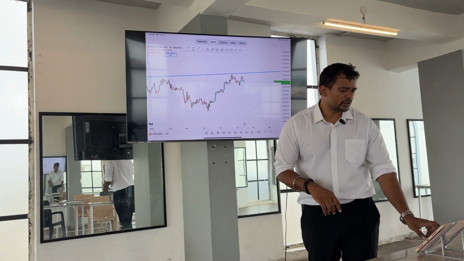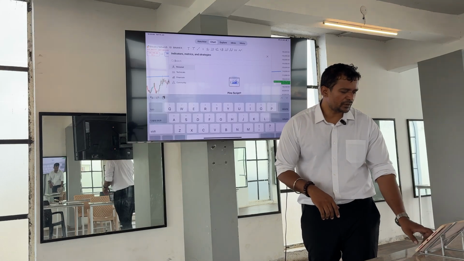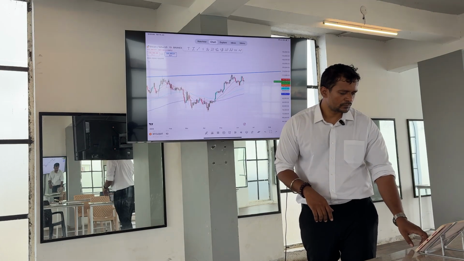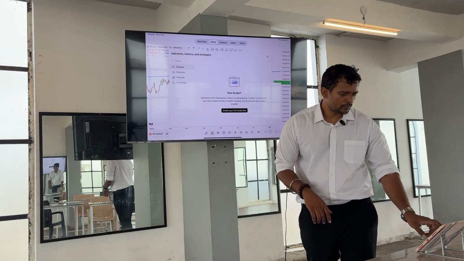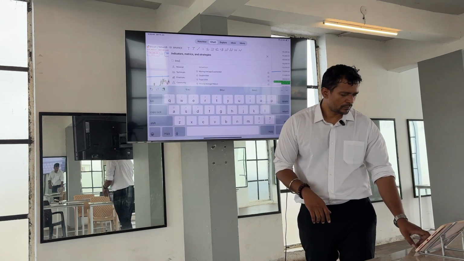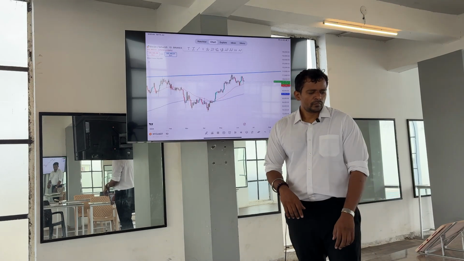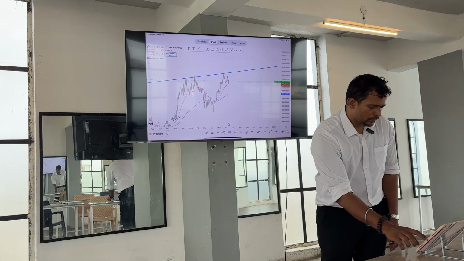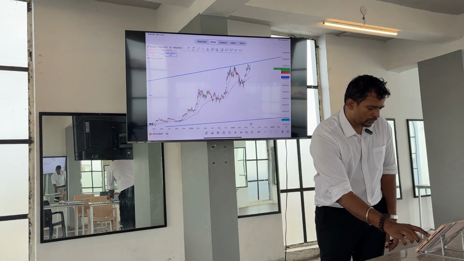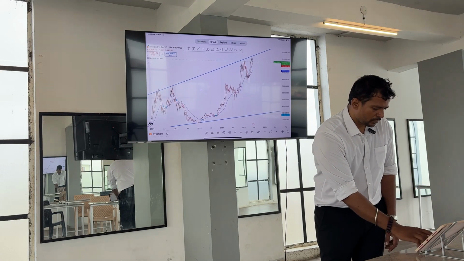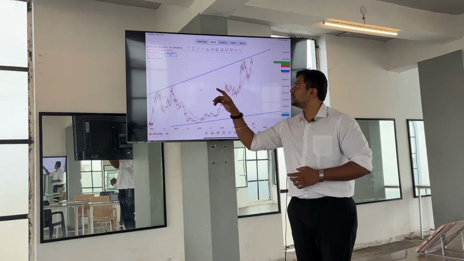One more moving average that we are going to see here is this EMA cross.